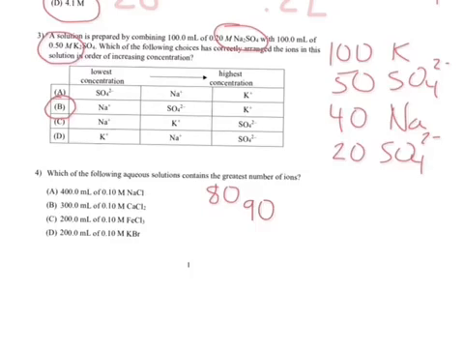That gives me 80 for the third one. And the fourth one, I'm going to end up with 20 of potassium and 20 of bromide, which gives me a total of 40. Therefore, the one with the largest number of ions will be choice B.